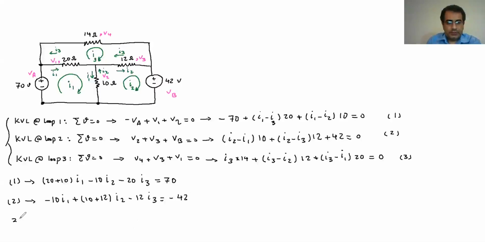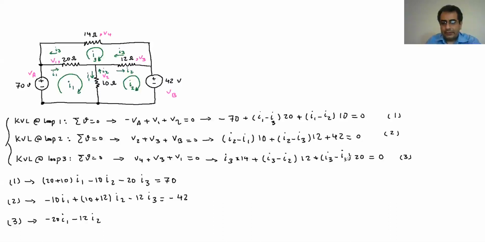For the third equation, again, I start with the I1, so the only term I have with the I1 is this one, so negative 20 I1, plus for the I2, I look here, so I have only one term that has the I2 in it, the negative 12. So the negative 12 I2.